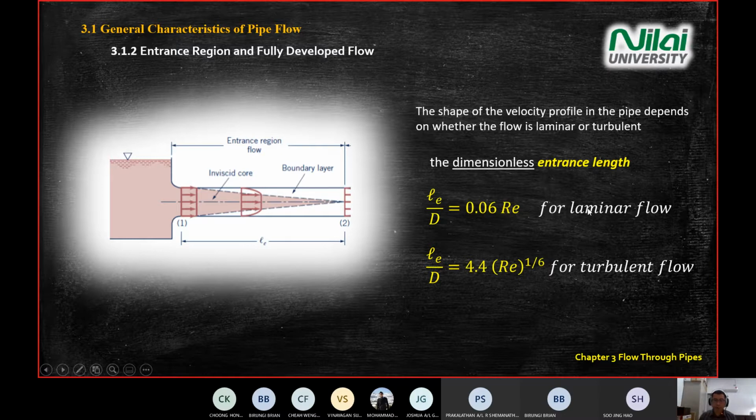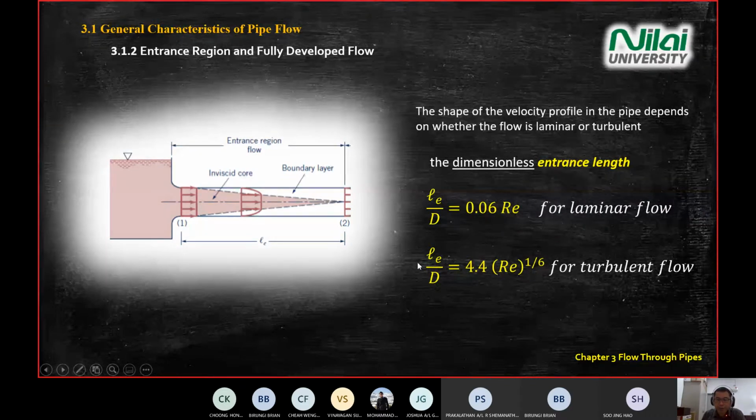So if the question says in the entrance region you have laminar flow inside a pipe, straight away pull this equation, and this equation is to determine your effective length for the laminar flow to develop, or the diameter that you must have to get laminar flow.